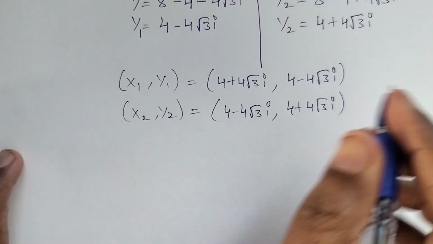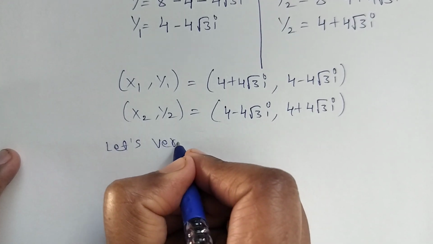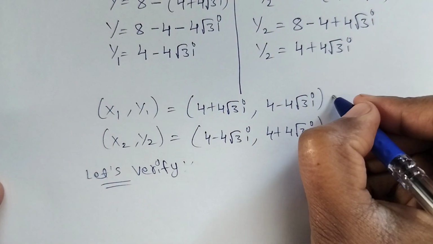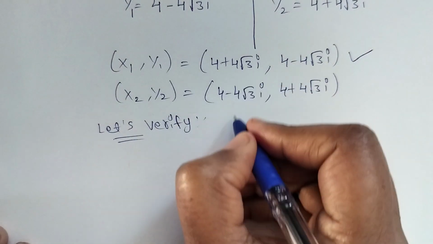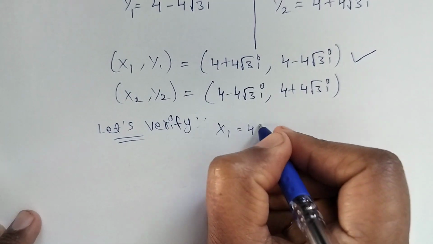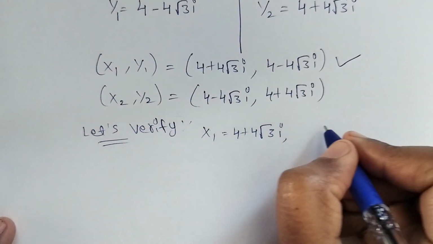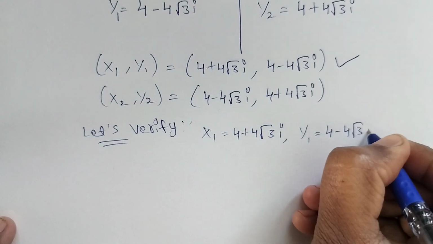So now let's verify whether these values are right or not. Let's verify with the first values. So x1 is 4 plus 4 square root of 3i, and y1 is 4 minus 4 square root of 3i.